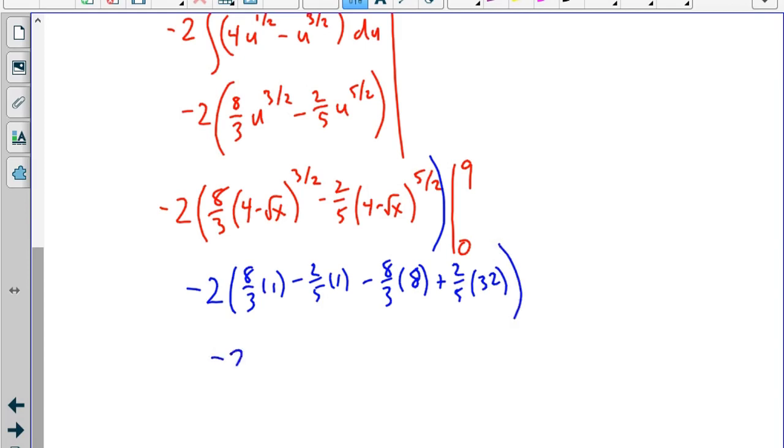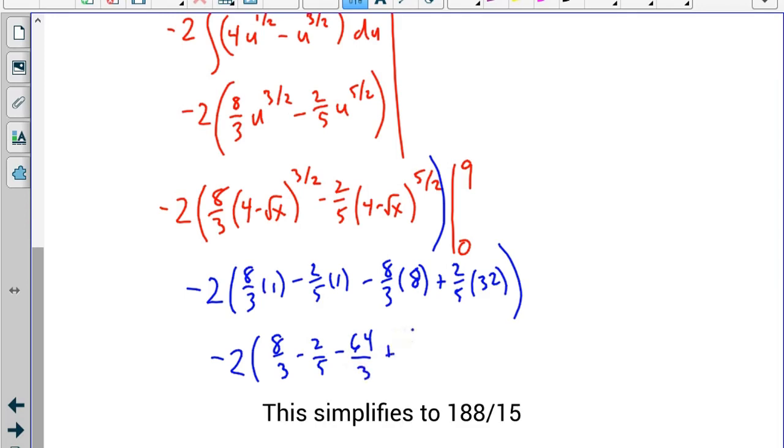So I end up with negative 2 times 8/3 minus 2/5 minus 64/3 plus 64/5. And that could be simplified at your leisure.